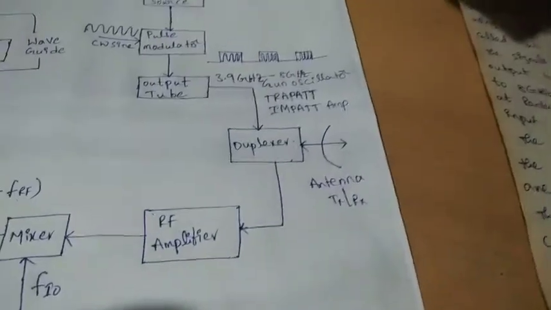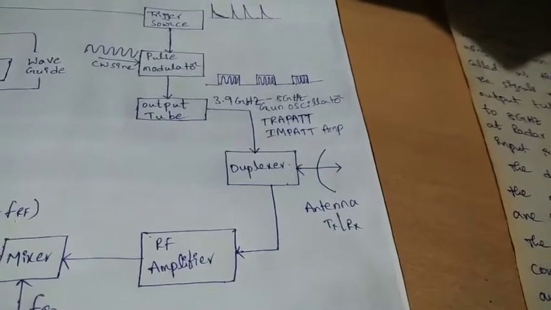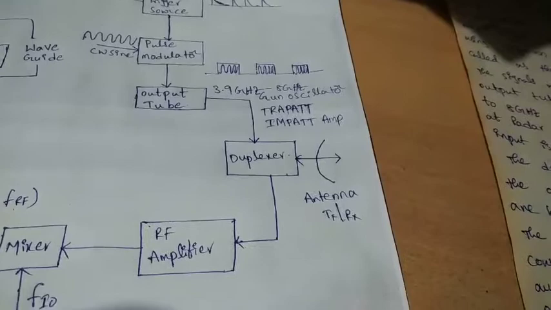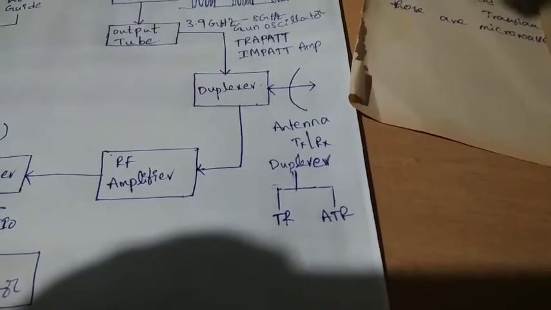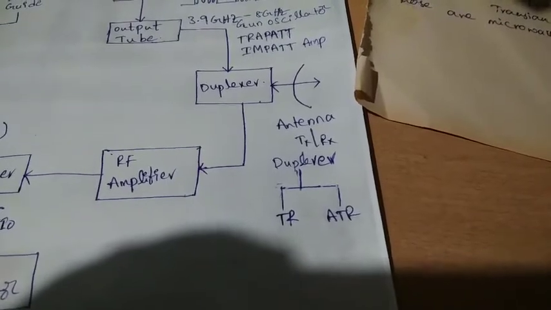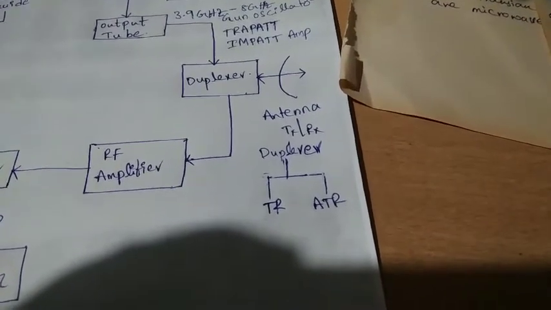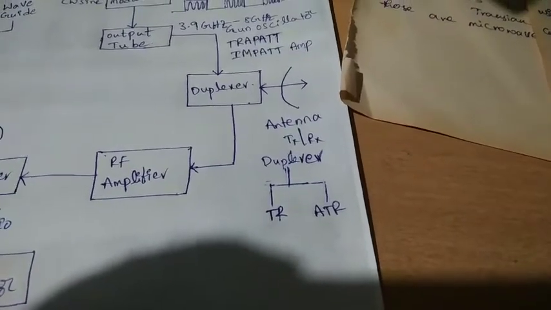The duplexer basically consists of two tubes: one is TR and the other is ATR. The TR protects the receiver during transmission, and the ATR directs the echo signal to the receiver during reception.